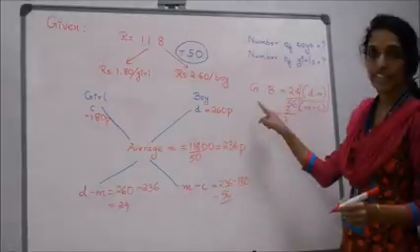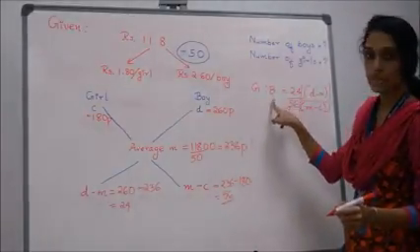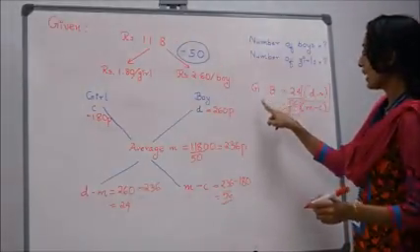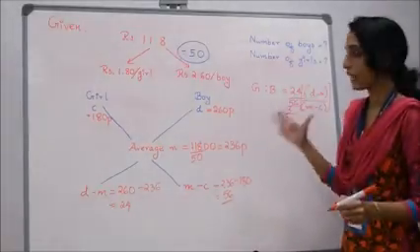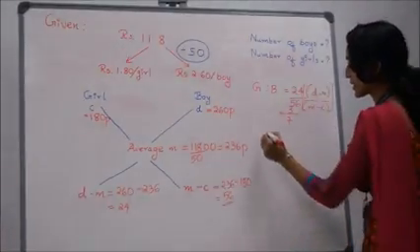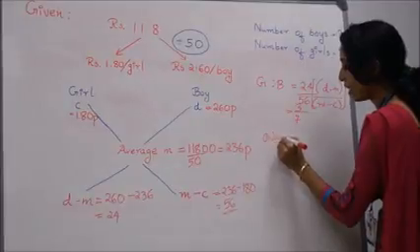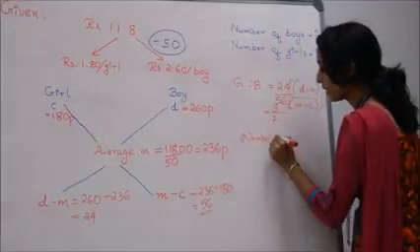So we got the ratio of number of girls is to number of boys. So we have to find what? We have to find the number of girls.